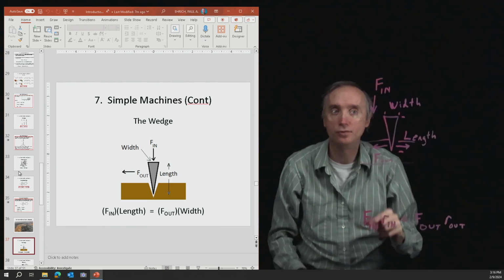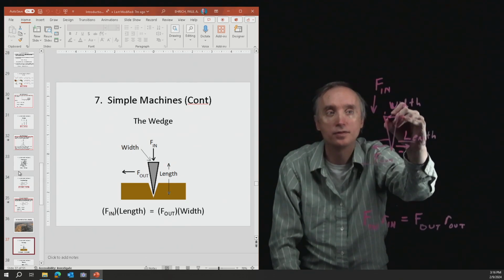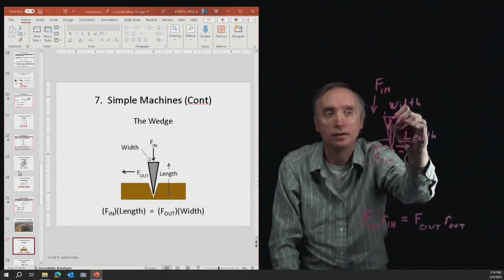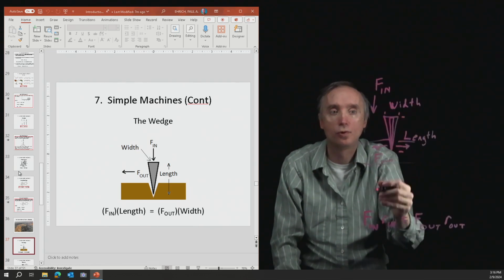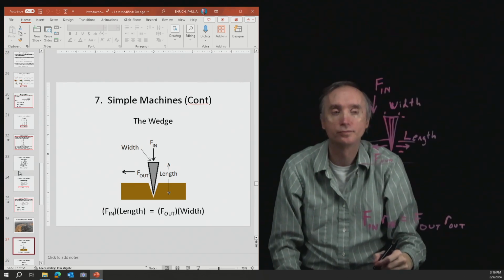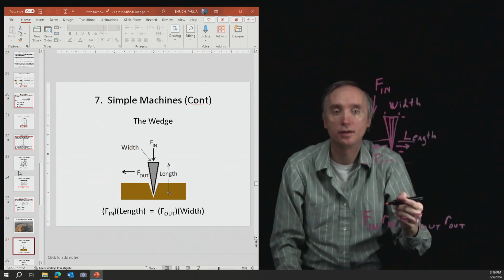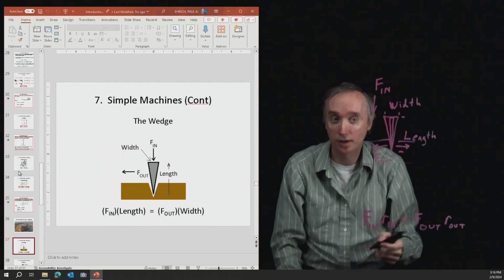Well, you're going to reduce the width of this thing, so that if this thing is only this big, then it's going to be able to exert more force than what the original one was. So decrease the amount of width, and then that will increase the amount of force that comes out.